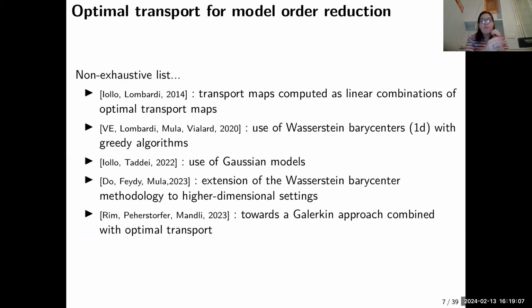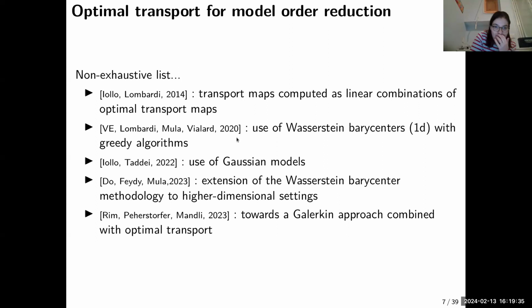Just to mention a few works, there are lots of works which use optimal transport theory to build reduced order models in various application fields. The very first work I'm aware of where these concepts are used is a work by Angelo Iolo and Damiano Lombardi, where they were building transport maps as linear combinations of optimal transport maps, let's say.